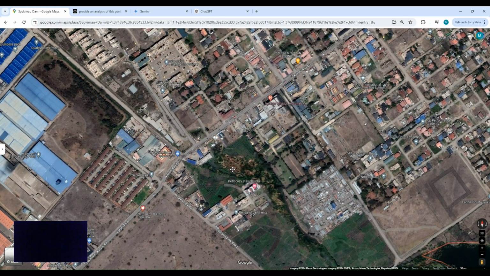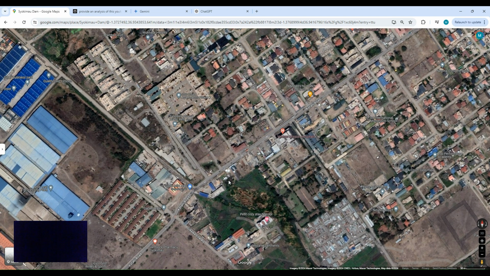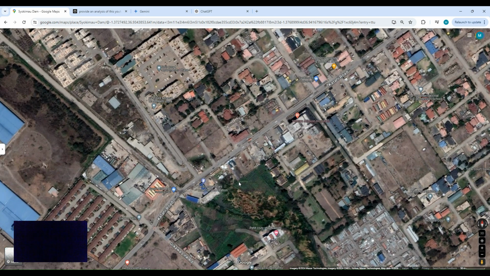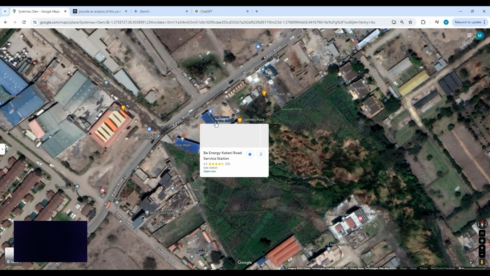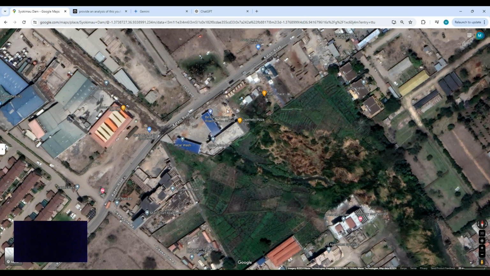And so if you look at how this is now Katani Road, you can see very clearly that these particular buildings, maybe I'll zoom in a little bit so that we see, this is B Energy Katani Road, right? It's clearly on some kind of waterway.